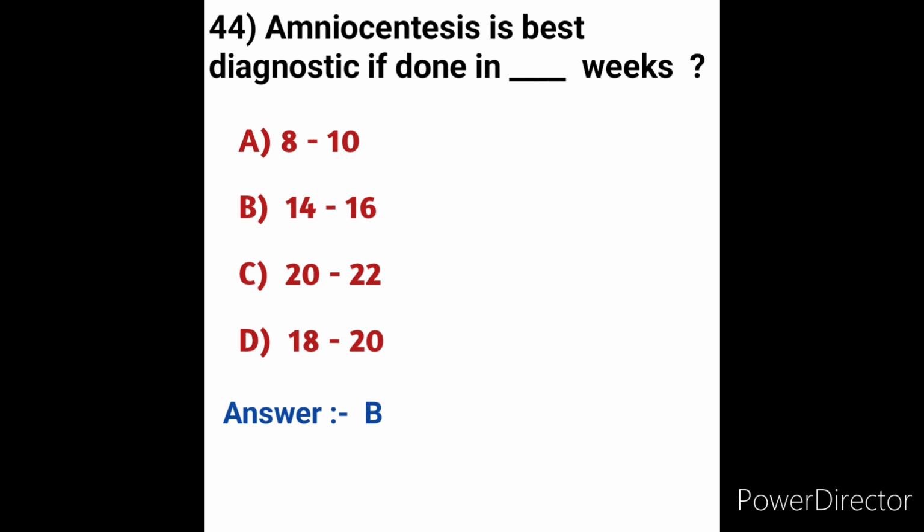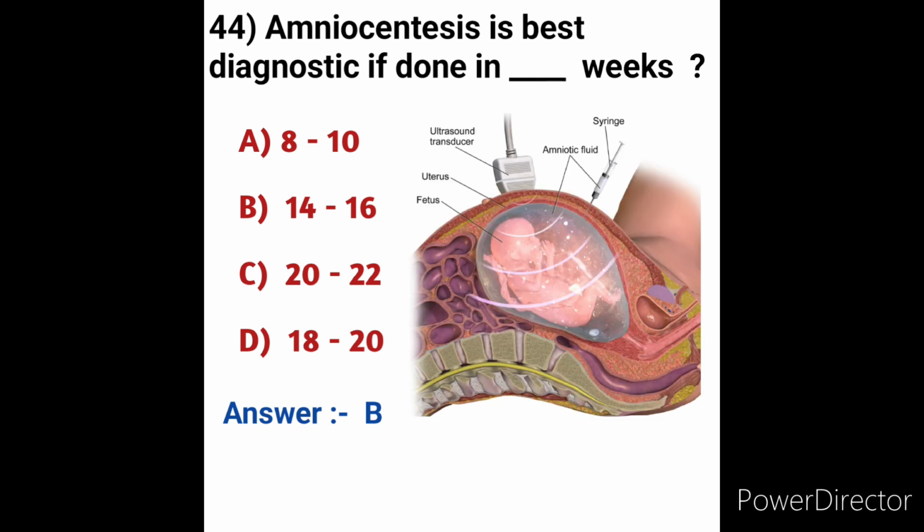Amniocentesis is testing a sample of cells from the amniotic fluid that surrounds the baby in the womb. This is one of the diagnostic tests. Here option B is the correct answer. The amniocentesis diagnostic test is to be done at 14 to 16 weeks.